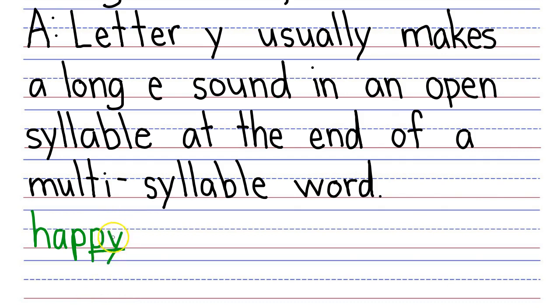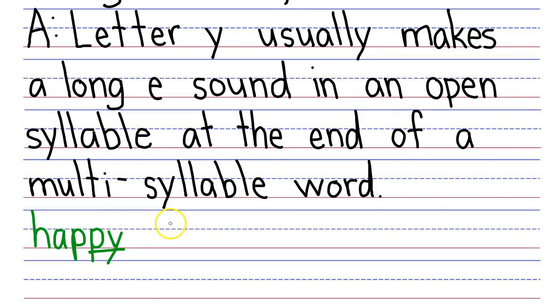We know Y is a vowel letter here because Y can only be a consonant letter at the beginning of a word or at the beginning of a syllable. This is Y at the end of a word and not the end of a syllable. So it's definitely a vowel. Therefore, PY is an open syllable. This is a two-syllable word. First syllable hap, second syllable P. Therefore, the Y can make a long E sound, E. Hap, E.